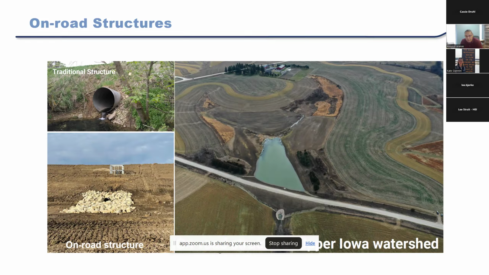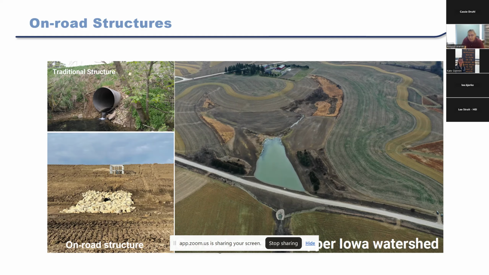The person who took this picture was lucky enough to capture the on-road structure soon after a heavy precipitation event, and you see all that water retained at the upstream end of the structure, and that temporary pool will dissipate in approximately 24 hours or so.